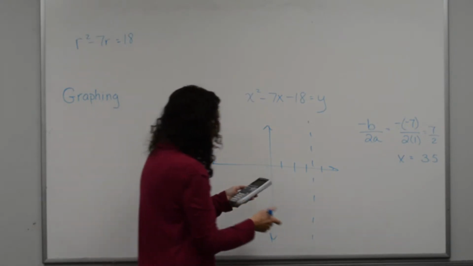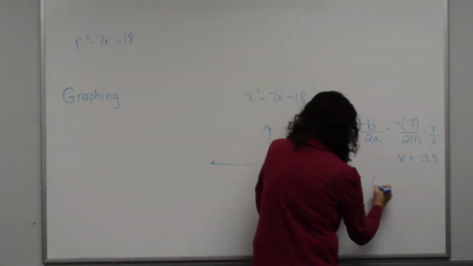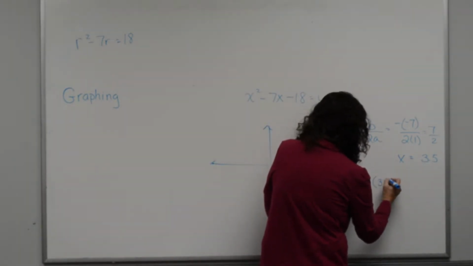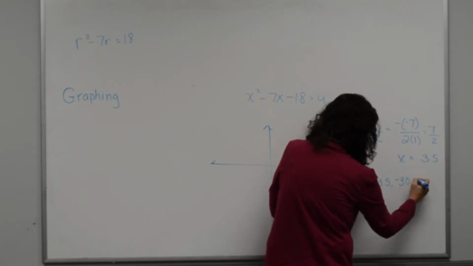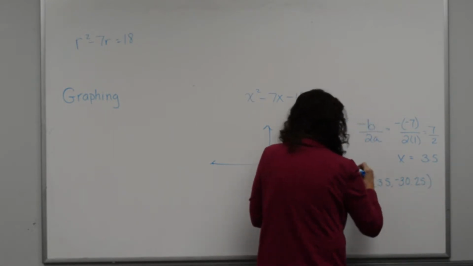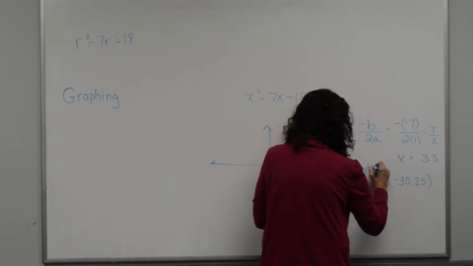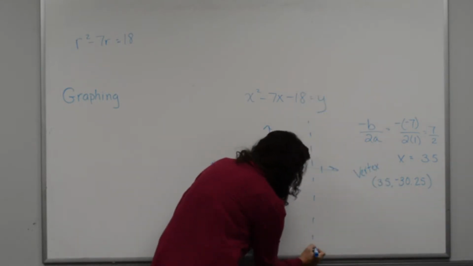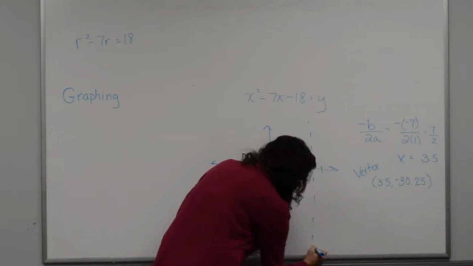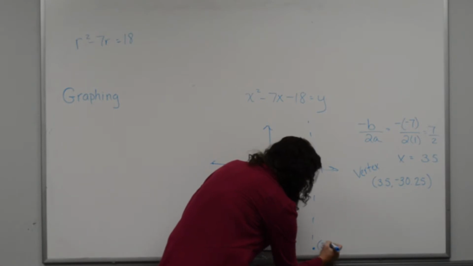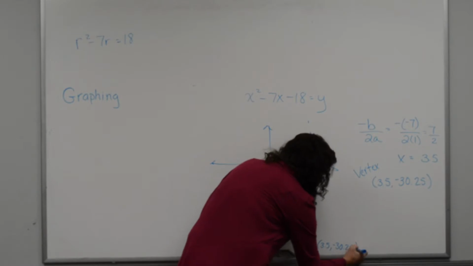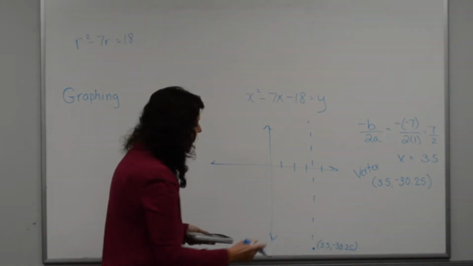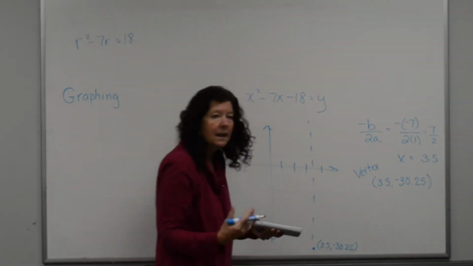And it tells me the y value, or the vertex, at 3.5. Okay, so this is my vertex. So I'm down here at approximately, and I'll just put it as low as I can go right here, 3.5 and negative 30.25.